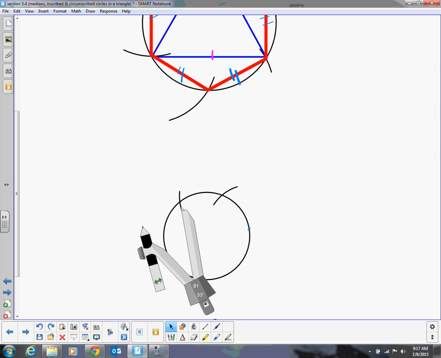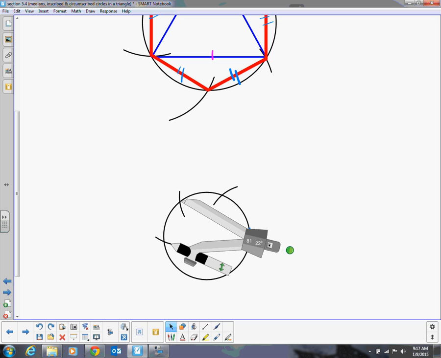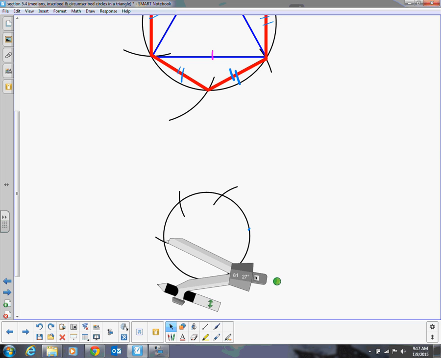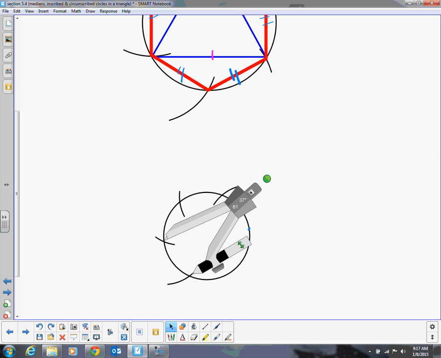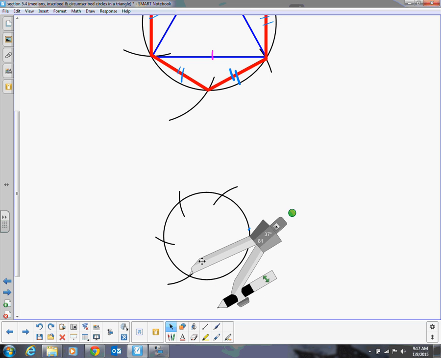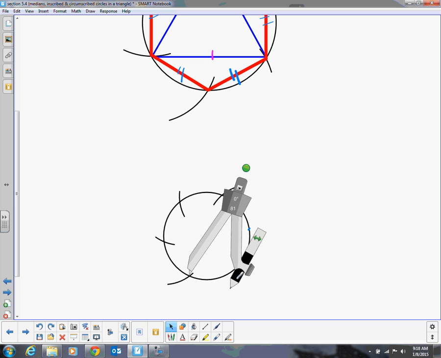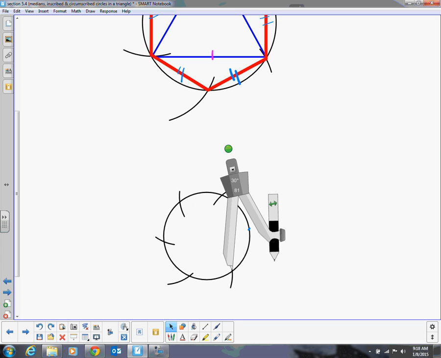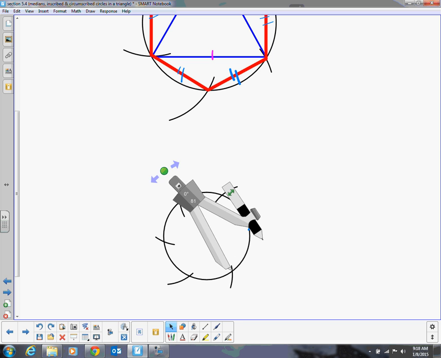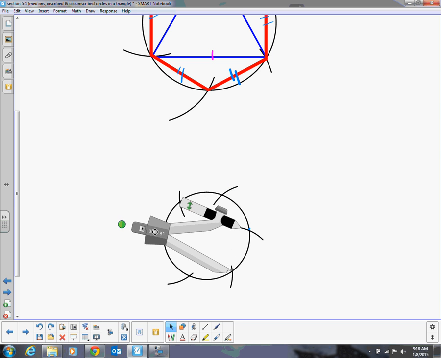There's 2, 3, 4, 5, and this should be my 6th one. If I come over here, this should intersect my little blue, which it does.